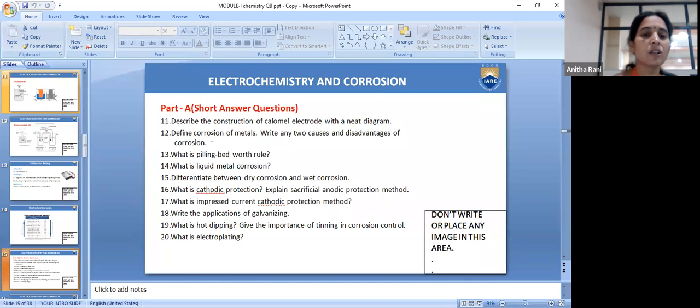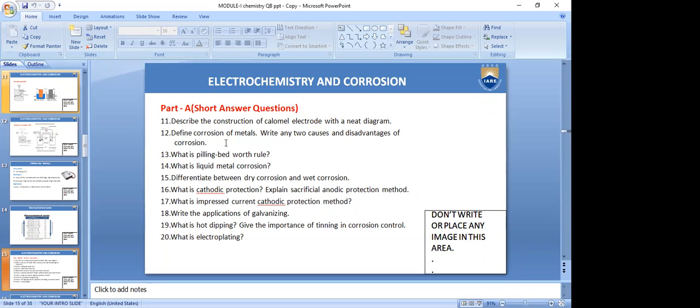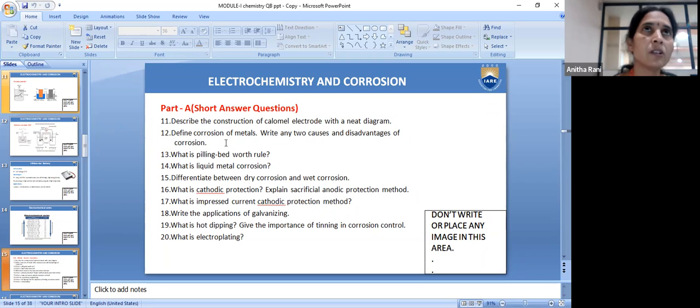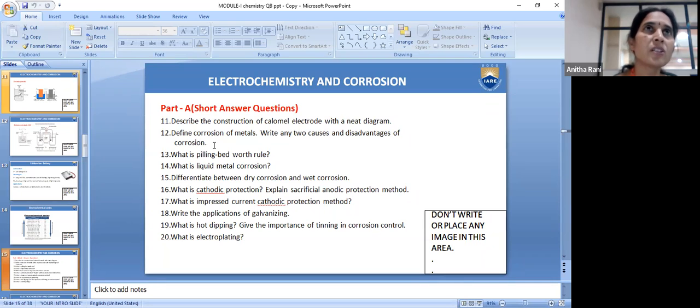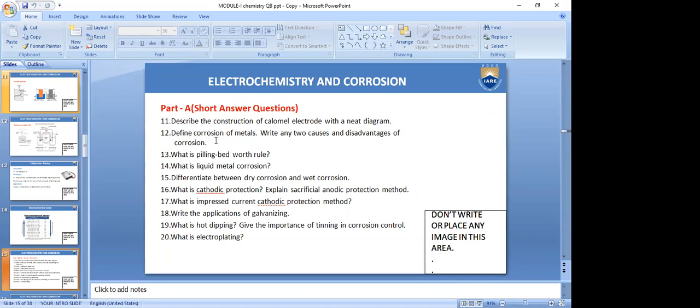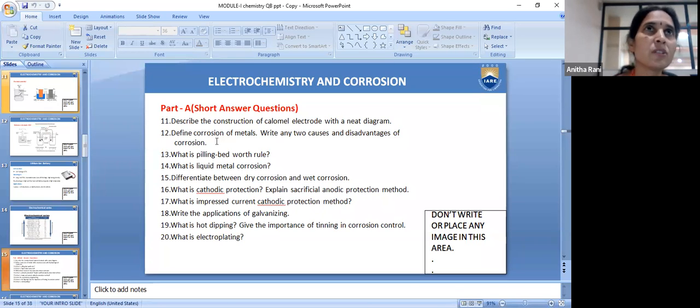Students, what is corrosion? Rusting of metals. When a metal undergoes an oxidation reaction on its surface, that is corrosion. It happens when the metal is exposed to moisture, or to a chemical or electrochemical environment, in the presence or absence of moisture.